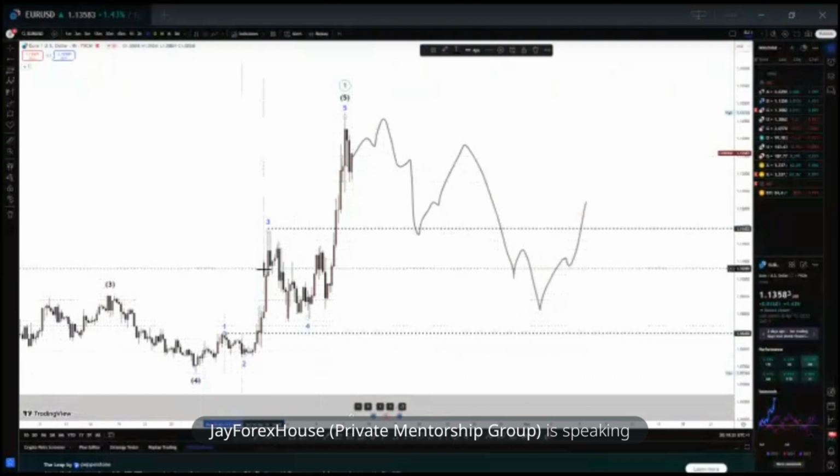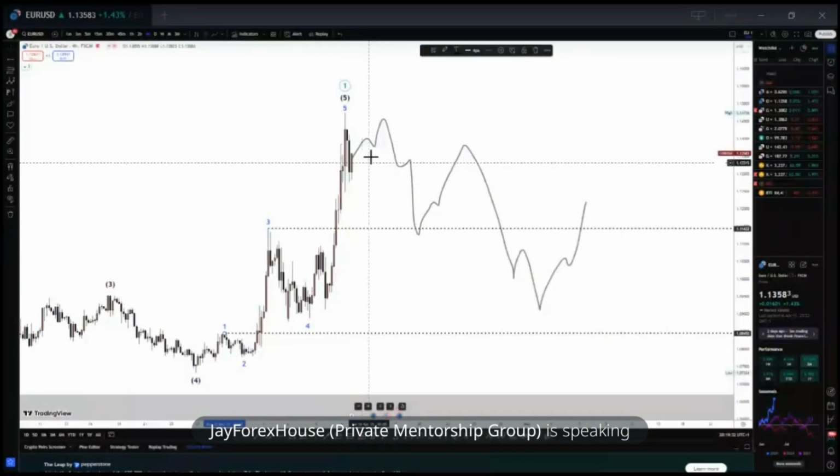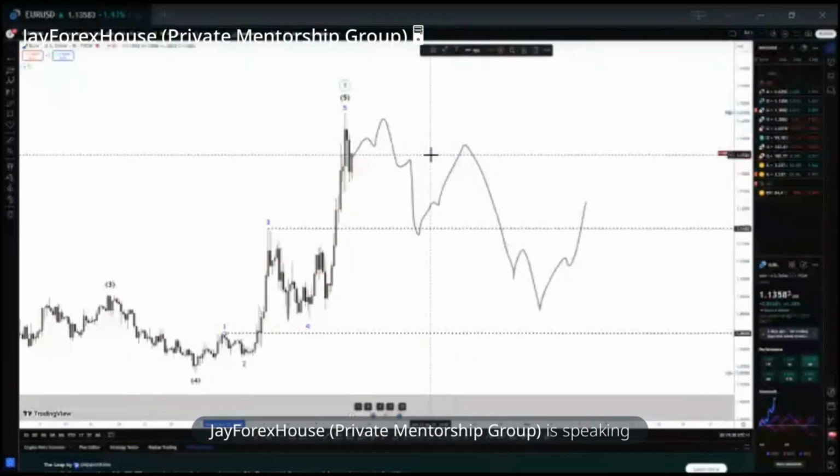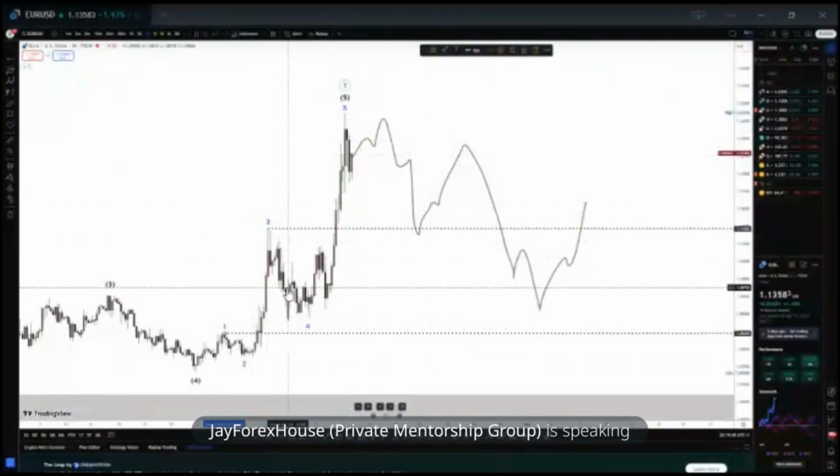Wave 2 did not go below the range of wave 1, and wave 3 is not the shortest. In some cases, yes, wave 5 can be longer than wave 3, but wave 3 cannot be the shortest among waves 1, 3, and 5. So wave 3 is not the shortest here, so this can still be considered an impulsive wave.